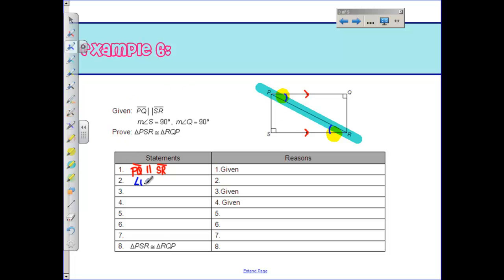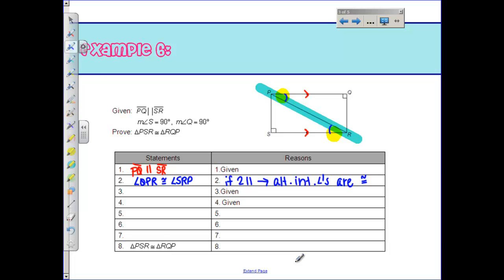So angle QPR is congruent to angle SRP, because if two lines are parallel, then alternate interior angles are congruent. Say that again. If two lines are parallel, then alternate interior angles are congruent.